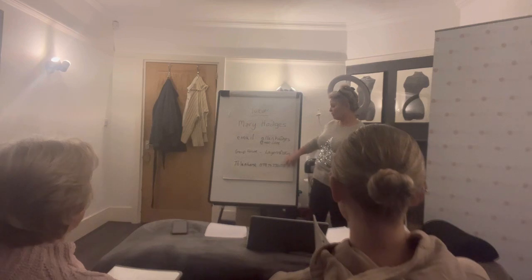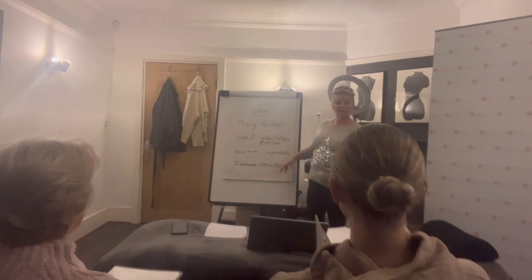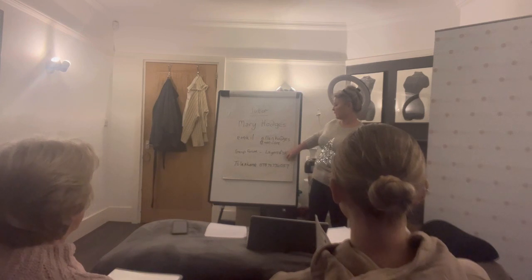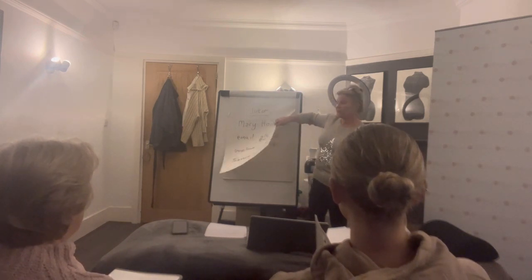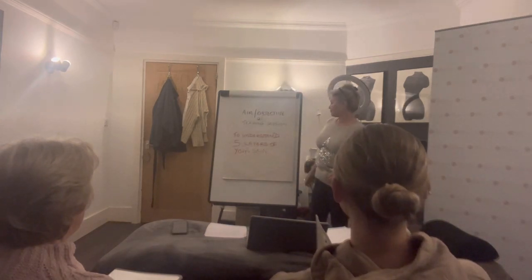Obviously the telephone number is during working hours, so if there's anything that you need to ask me out of working hours, there will be a delay in me responding. All of this information is on your information pack as well, so you have that detail.